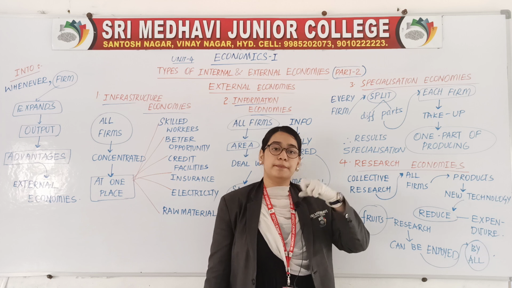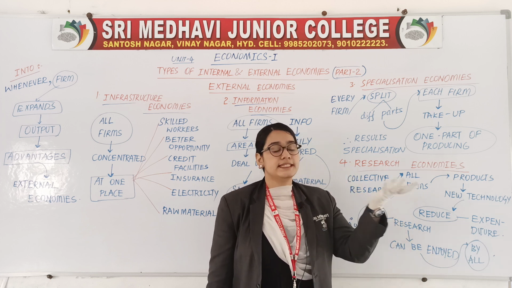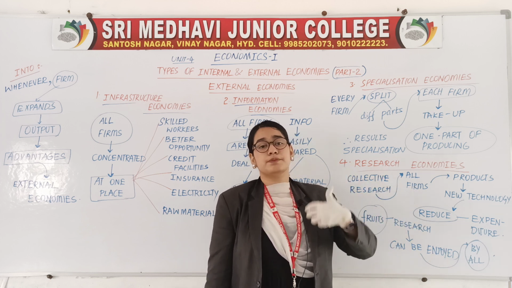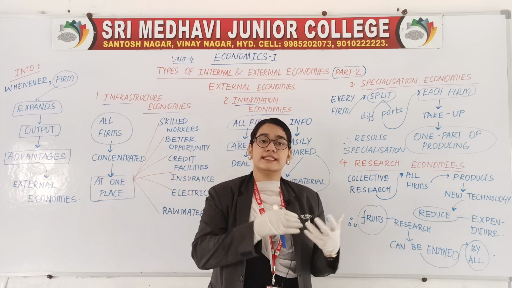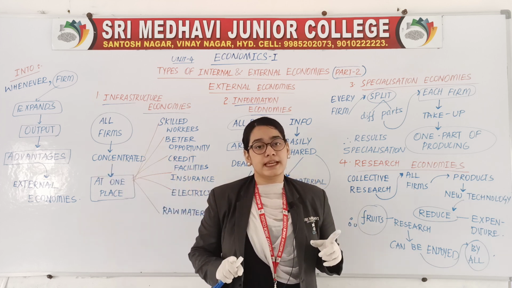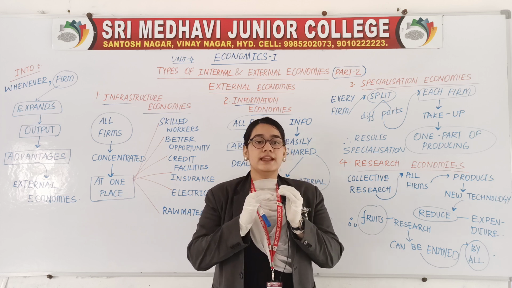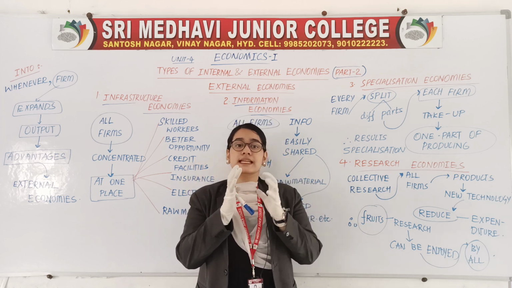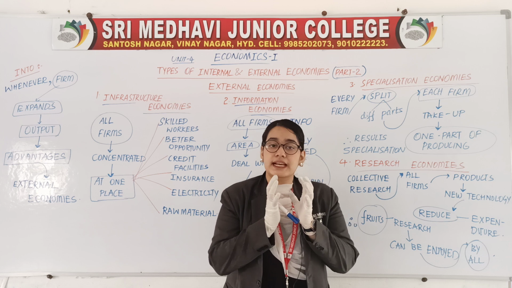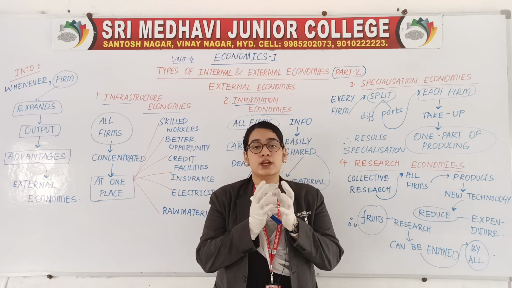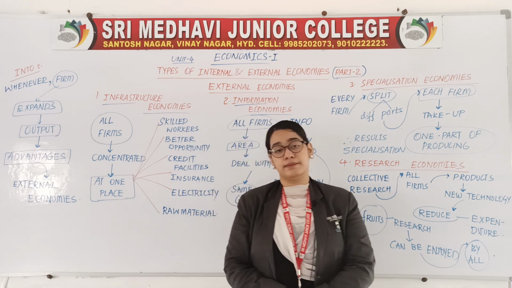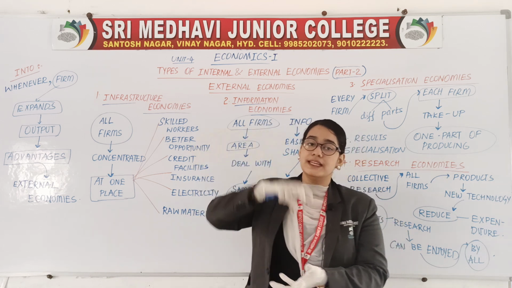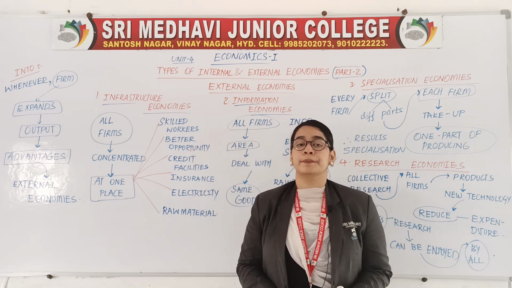Let us take one more place, Charminar. It is producing some other good. So these three places are not producing the same good. A particular area is concerned with producing a particular good only. So it will be convenient for a customer to come to a particular place and buy the product.